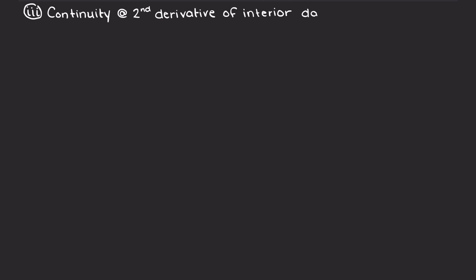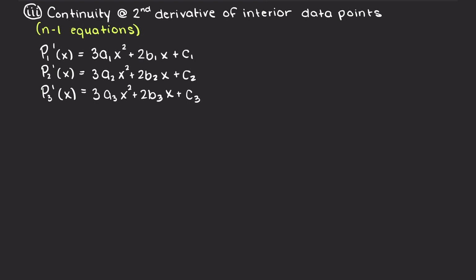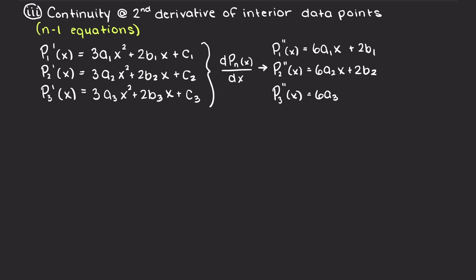Likewise, we can find n-1 equations from doing the same thing with our second derivatives. As in cubic spline interpolation, we have smoothness at both the first and second derivatives. Then we are going to equate them and plug in our x values just like we did earlier.